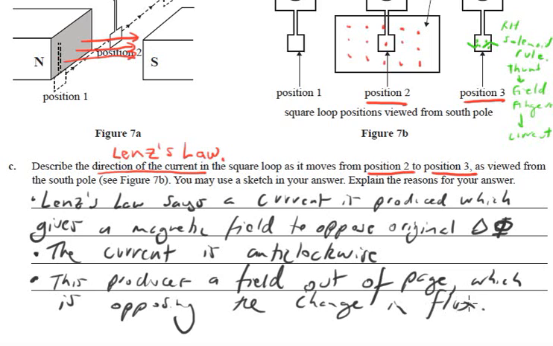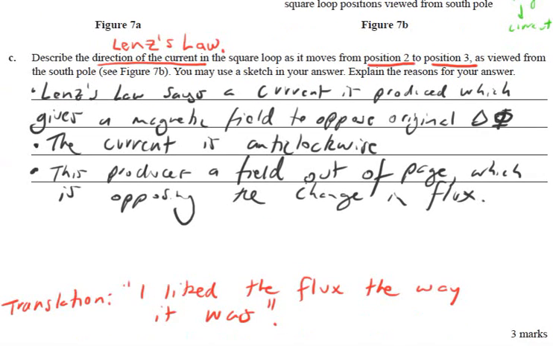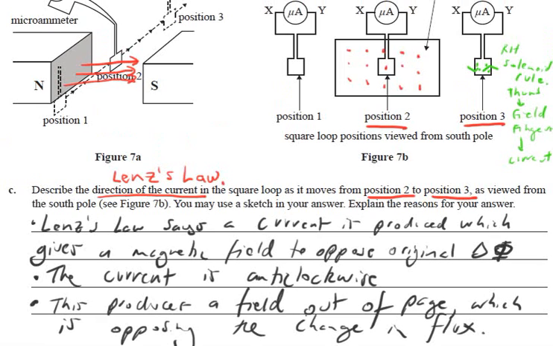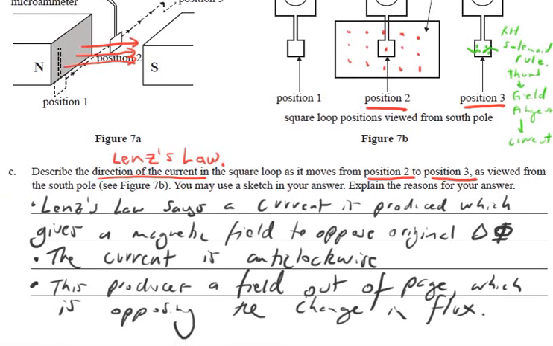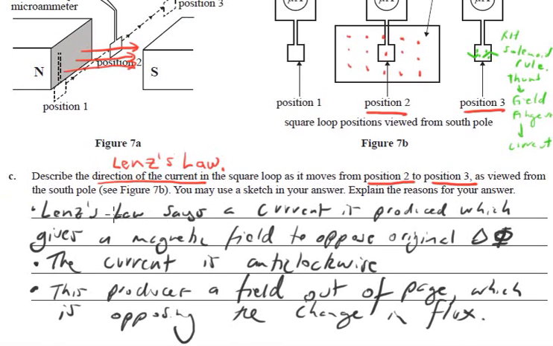So I'm just going to go over this one more time, just for 30 seconds, just to make sure we understand this. My translation says, I like the flux the way it was. It liked having field lines out of the page, so it's going to make its own field lines out of the page because it doesn't have them out of the page anymore. To do that, I use the right-hand solenoid rule, which says that the current is going anti-clockwise. The way I write this up is I take actual Lenz's law, which I'll have on my cheat sheet.